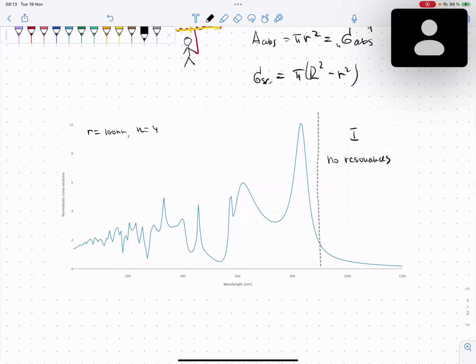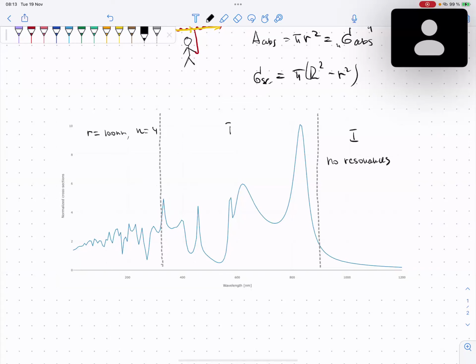The second region is approximately somewhere here. Here we have some first resonances, but they are pretty far apart from each other, so we have a few resonances.